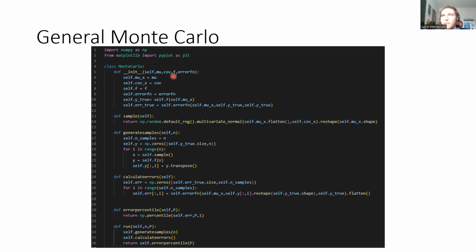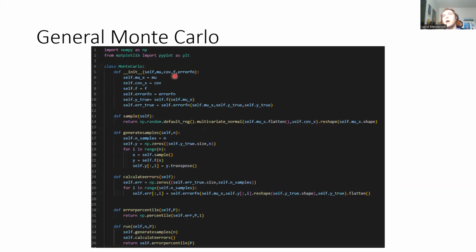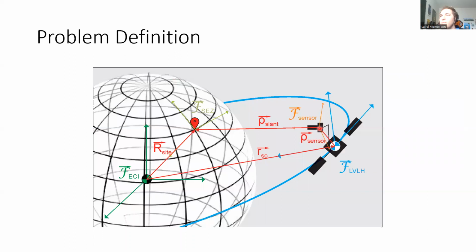The first function is f, which takes your state, your x values, which are all of those things that we had the errors for originally, and converts it to some output variable, some y. In our case, that y is going to end up being the unit vector in this slant range direction.